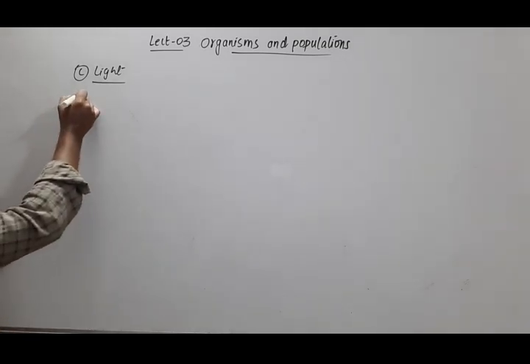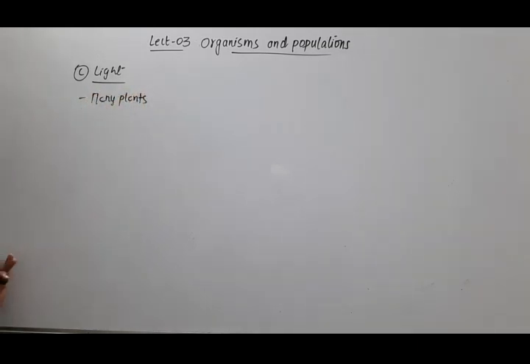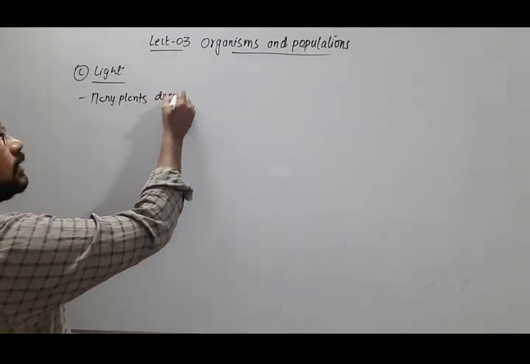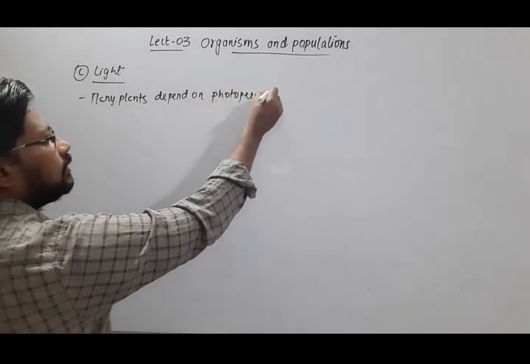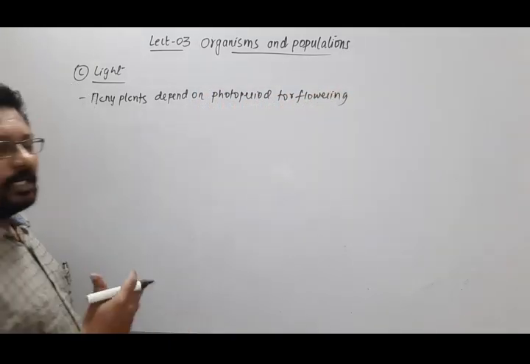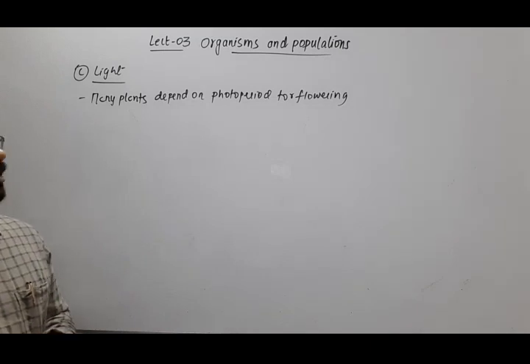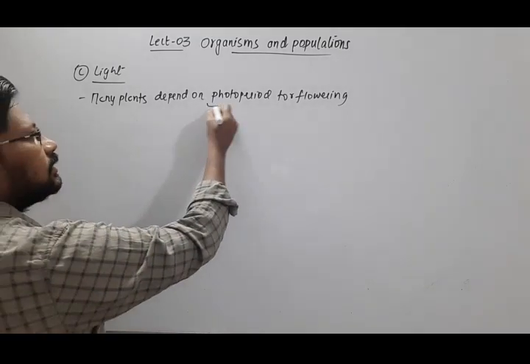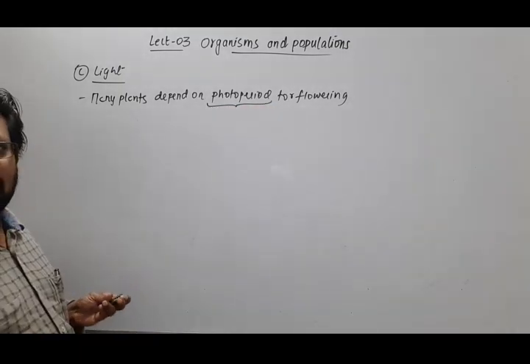The next point you'll see is that many plants have adapted to or depend on photoperiod for flowering. I hope we have studied this concept in plant growth and development. Photoperiod is the time between the sunrise and sunset.